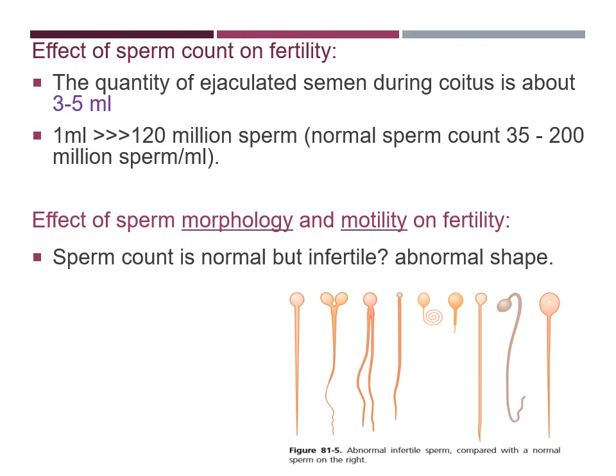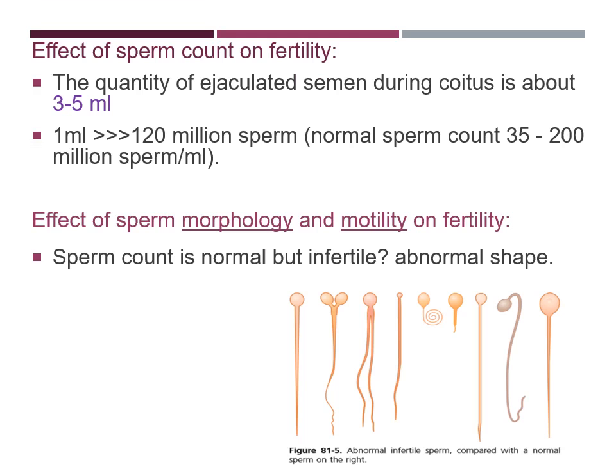The effect of sperm morphology and motility also is very important. So sometimes the sperm count can be normal, but the shape or the motility is abnormal, which will cause infertility.